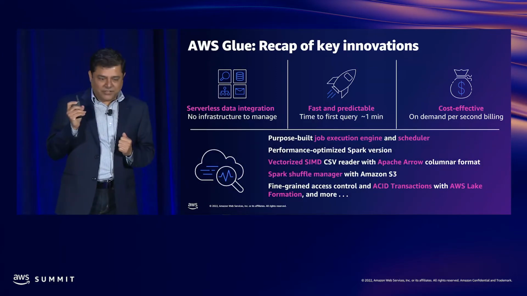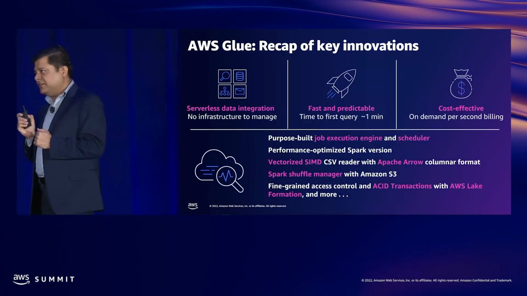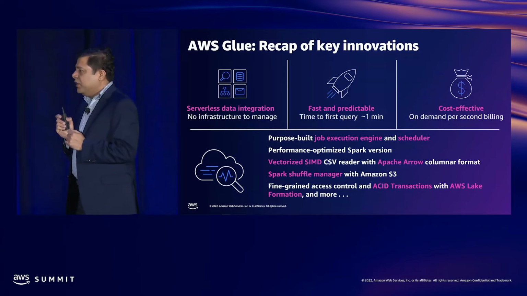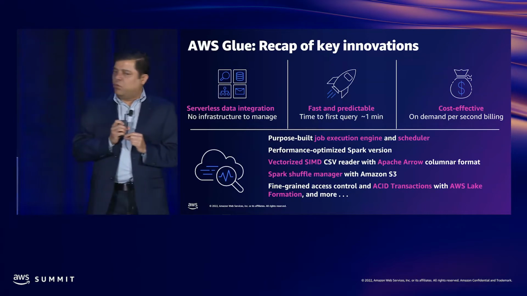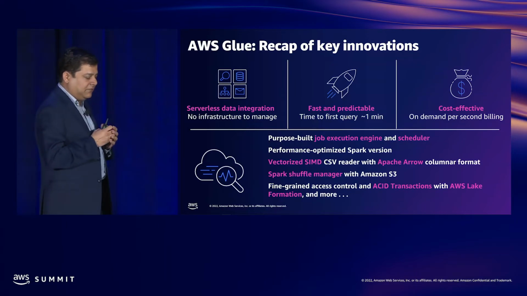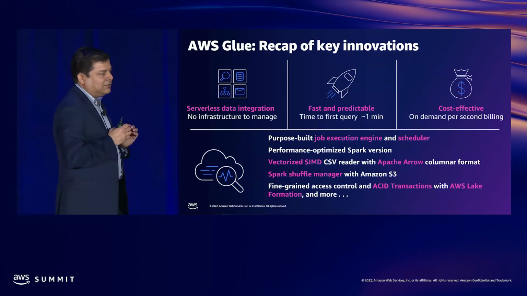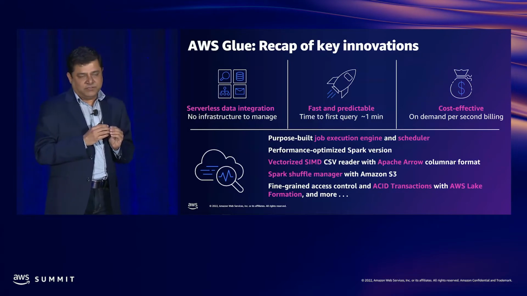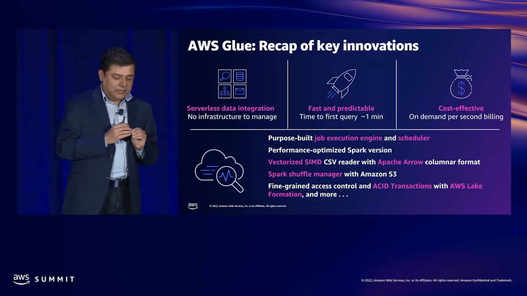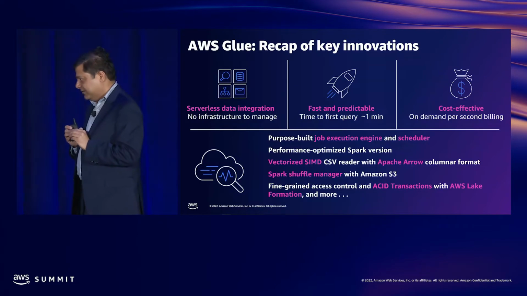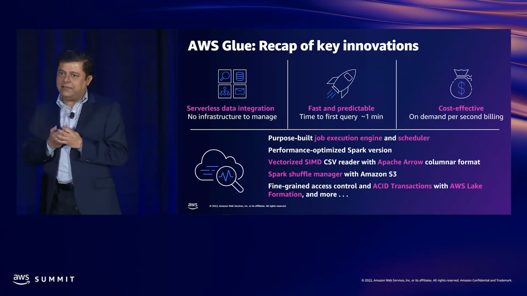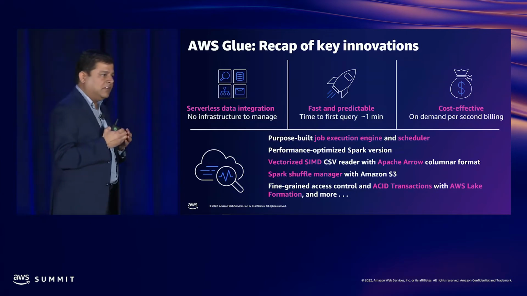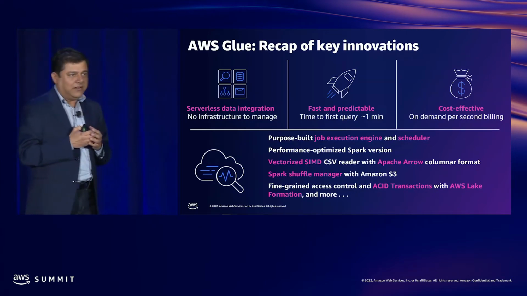Now, I talked about the purpose-built job execution engine and a scheduler. We also run a performance-optimized Spark version. Last year we delivered vectorized SIMD CSV readers for even better performance. And Spark Shuffle Manager. Now, this is another interesting thing. If you're familiar with Spark, you understand that there are challenges with out-of-memory errors.